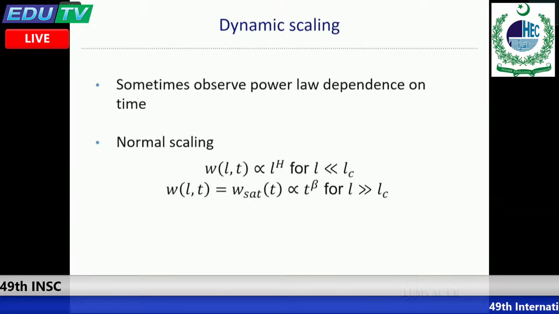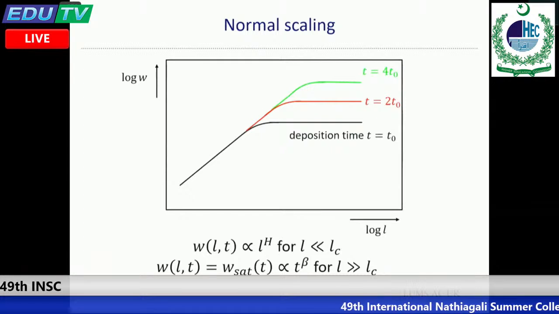But now you see time dependence in the saturation roughness. So the saturation roughness increases and increases according to a power law. And this power law coefficient is really an interesting exponent because it tells you something about the whole growth process. So this is what that sort of power law would look like.